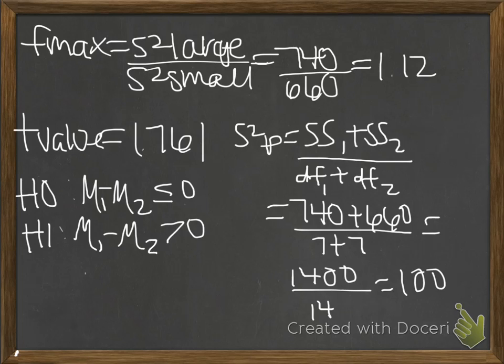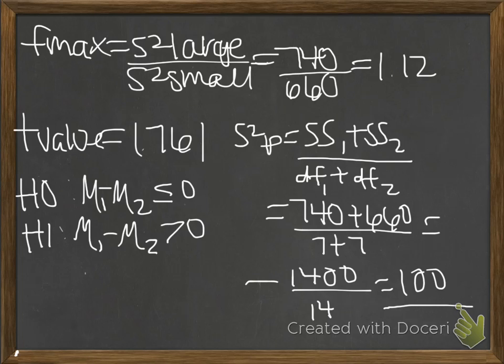In the chart, our sum of squares 1 is 740 plus 660, which is our sum of squares 2, divided by 7 plus 7, which is our degrees of freedom for the type A column and the type B column. Then you get 1400 divided by 14, and the answer is 100.